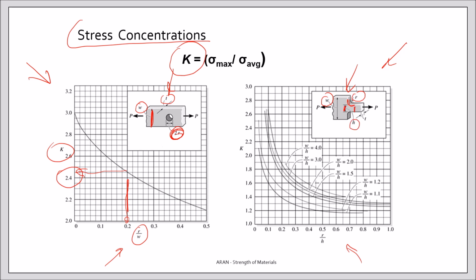So you calculate R over H, you calculate W over H, and having these two values, you can find, for example, if R over H is 0.4, and you go up for, let's say, W over H equals 3, and you find that your K value is 1.5. In engineering handbooks, you will find such stress concentration graphs.